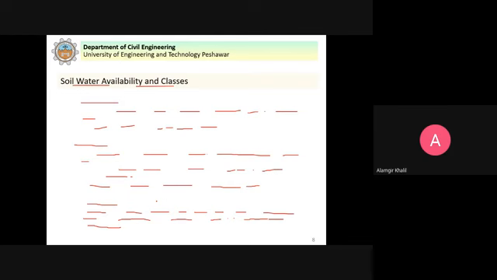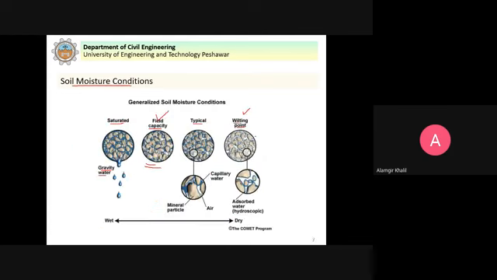Now, if I go back, we see this figure here. After the gravity water drains out, you can see here the field capacity, which is the soil moisture that is held by the soil against gravity. This will be taken up by the plants.